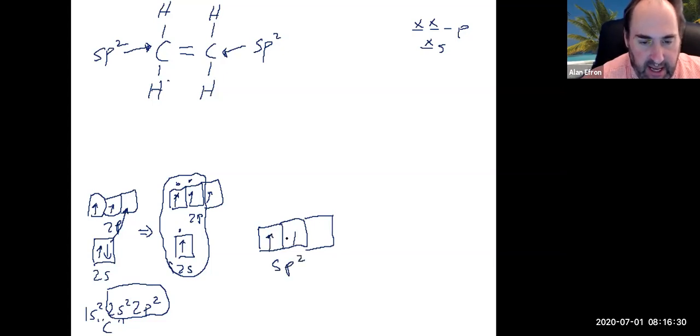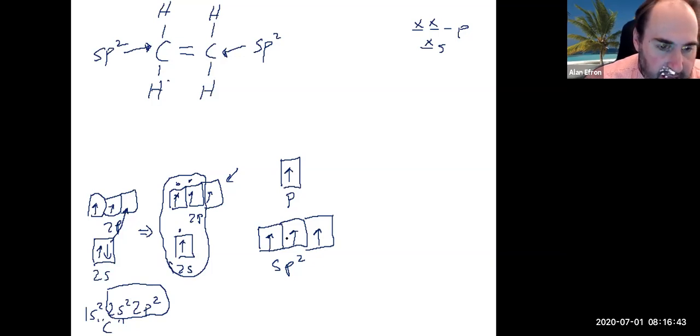They each should have an electron in it. We will also have this guy here, which is unhybridized. So we will have that p orbital, just a regular p orbital that's unhybridized and still has an electron in it. Now, I'm going to call this guy carbon 1.